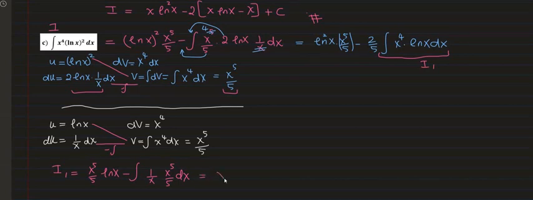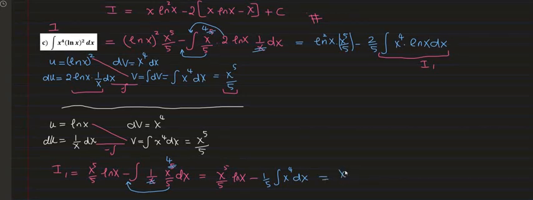So this is going to be x to the power of 5 over 5 times ln x minus, and inside the integration here we can simplify this x with that power to become power of 4. And also this constant can be dropped outside. But the integration now is x to the power of 4 dx. Only x to the power of 4. So it's a simple integration.